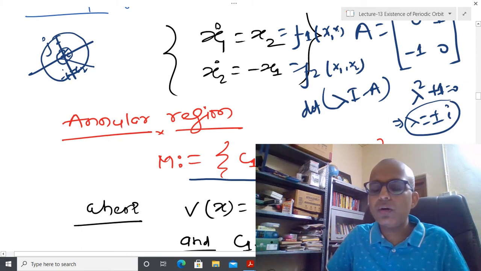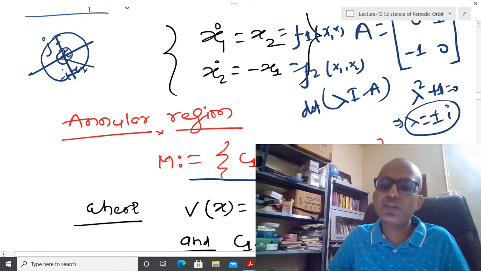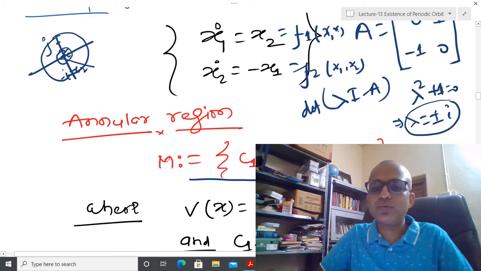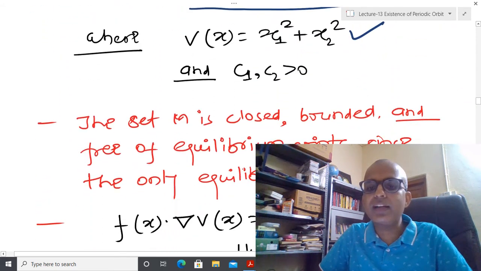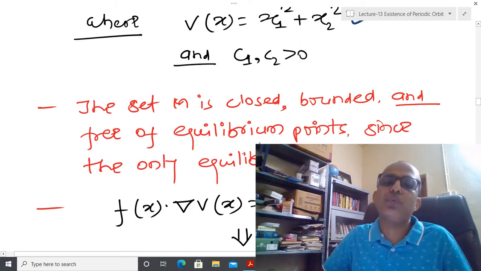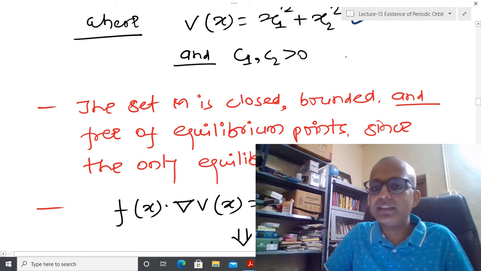So dV/dx1 is 2x1, dV/dx2 is 2x2, and after that I just have to take the dot product, and if you calculate that dot product, it is possible to show that it is 0. Why am I saying 0?